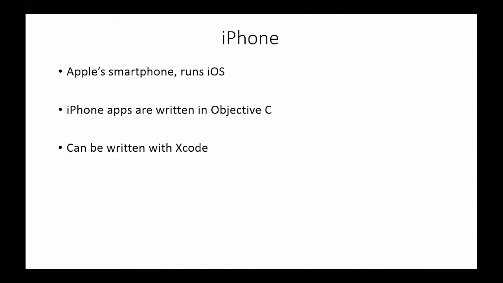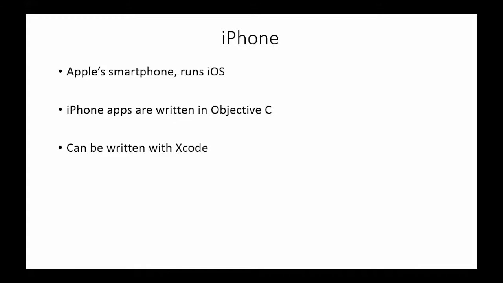Where Android apps can be written in Eclipse, which is the program we've been using to write code, Apple has a program called Xcode. That's the IDE, the Integrated Development Environment, for iPhone apps. And Xcode is pretty cool. One of the really cool things about it is it's got a really mature and fleshed out interface designer.